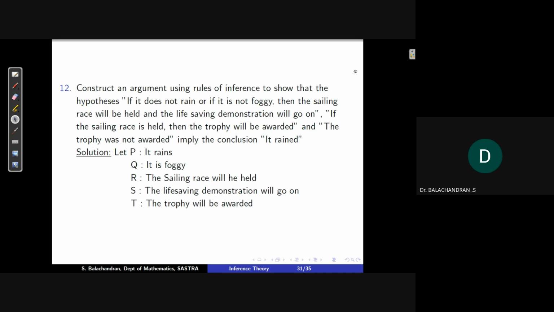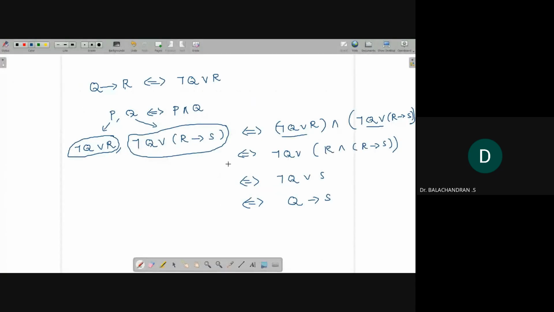First one, if it is not rain, that means negation P. Or, you know what the or symbol is.